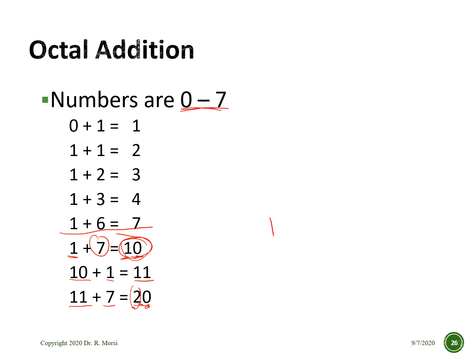You can see 1 1 plus a 7. 1 with that 7 is a 0 carry 1. 1 plus 1 is a 2. So it's a 2 0. Okay?